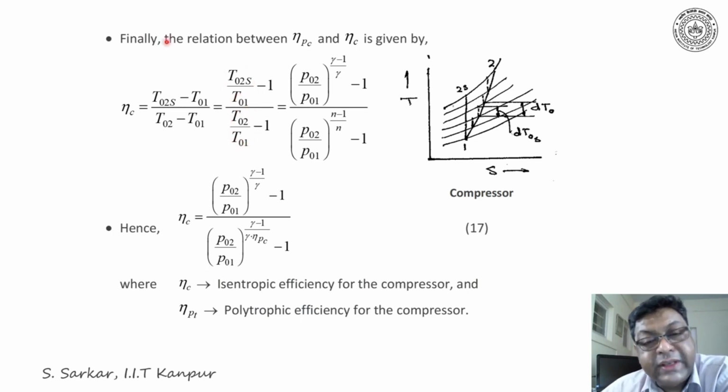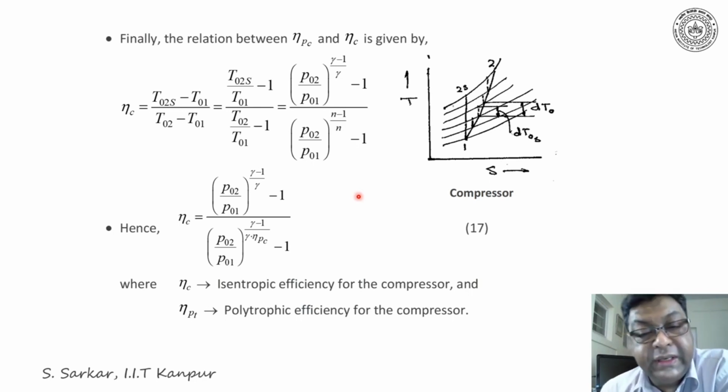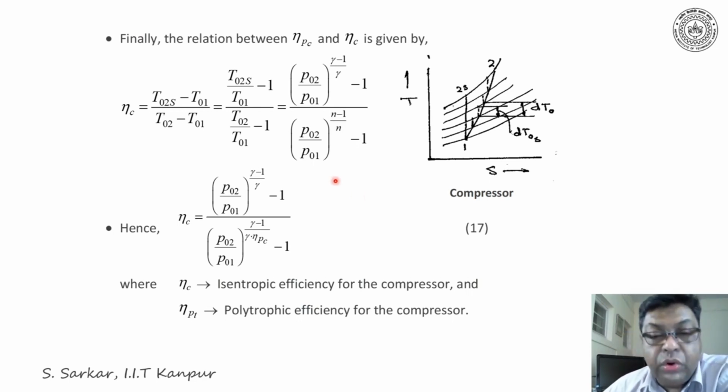So now this can be related with the pressure ratio. So eta C I can now write as P02 by P01 to the power gamma minus 1 by gamma, minus 1, divided by P02 by P01 to the power n minus 1 by n, minus 1, where n is the polytropic index. Now I have already correlated n with eta Pc and gamma.